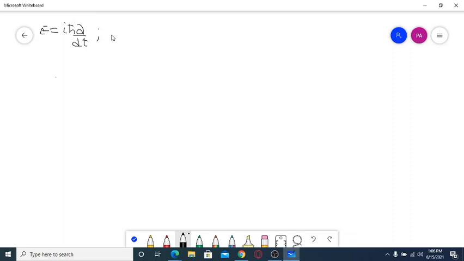Again I am reminding you that operators are the measuring devices for a given quantity in quantum mechanics, and the momentum operator is given by p = (h bar / i) ∇. If I write p square, we get h bar square ∇ square divided by i square.